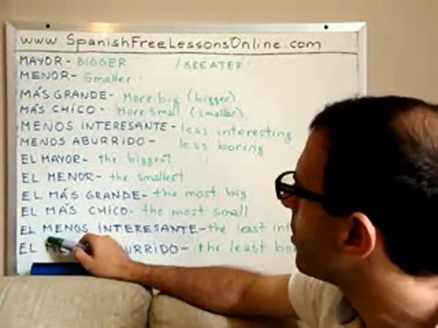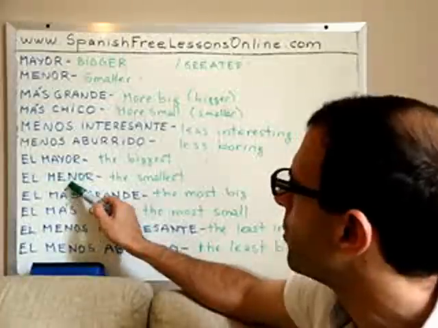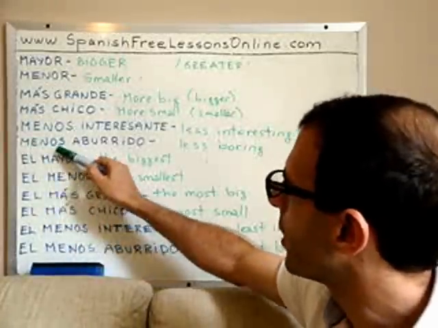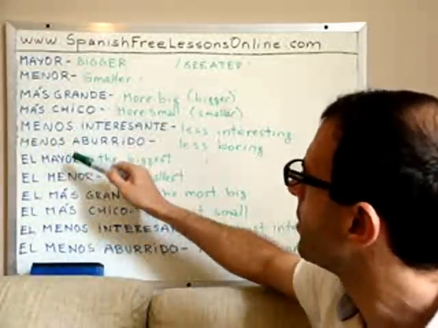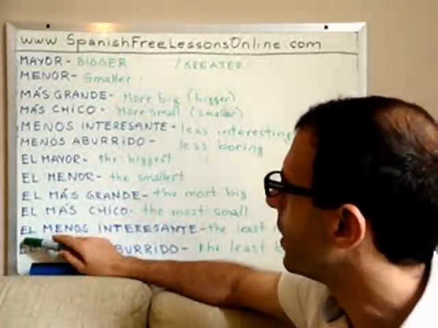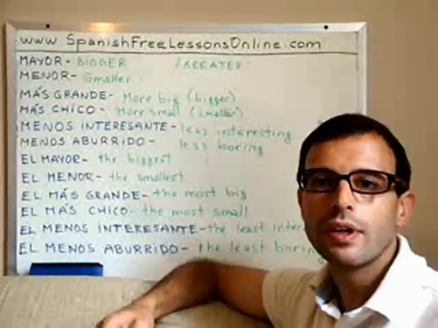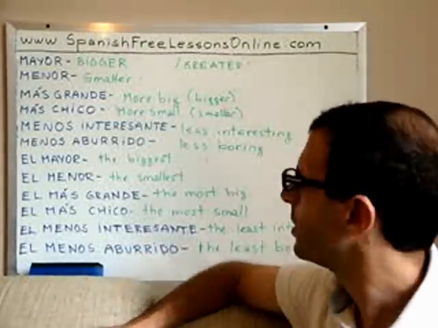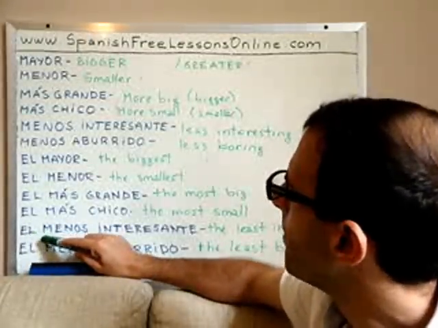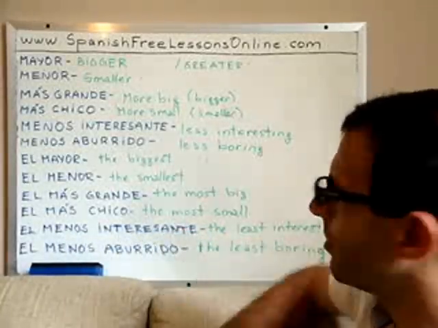You can also compare using menos, as we've seen here, right? That means less or minus. If we want to say the least interesting, it would be el menos interesante, right?